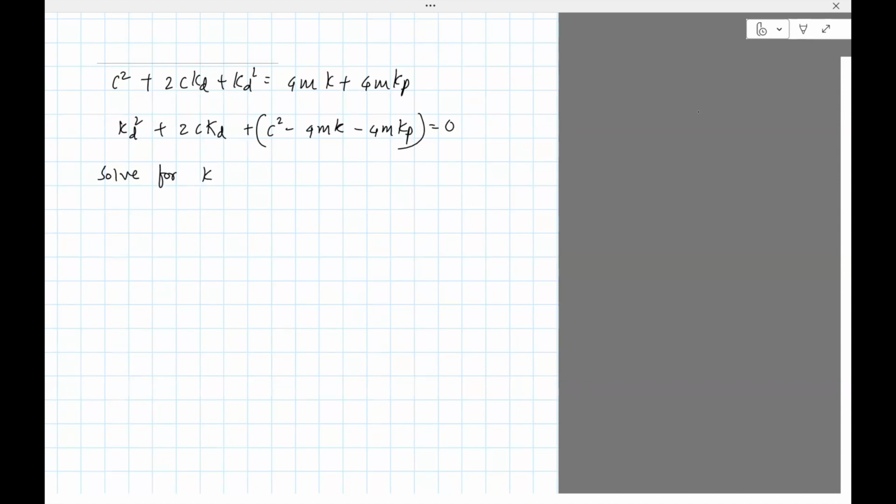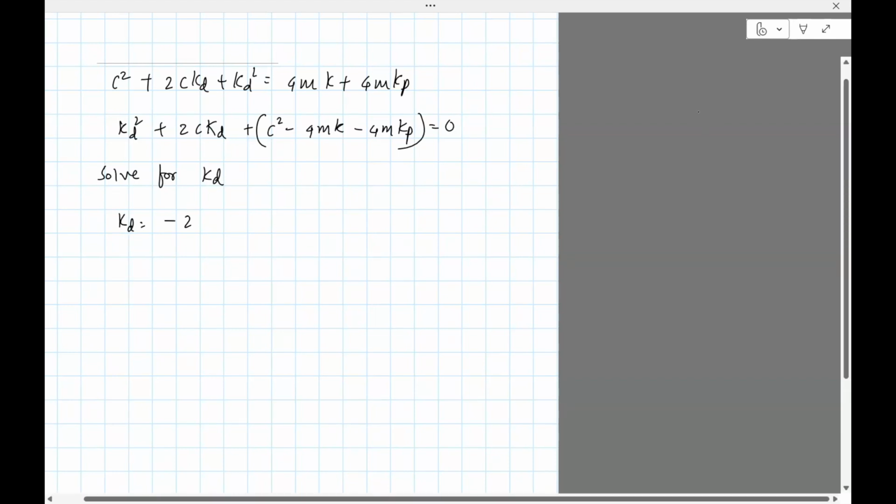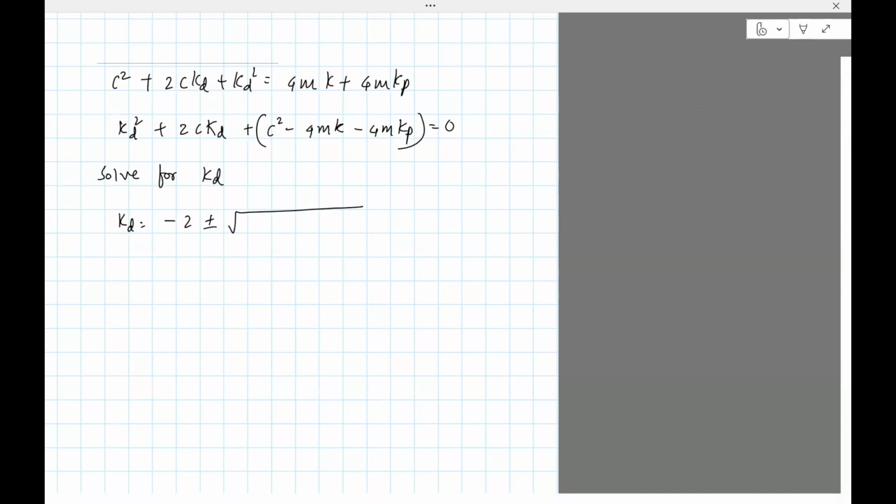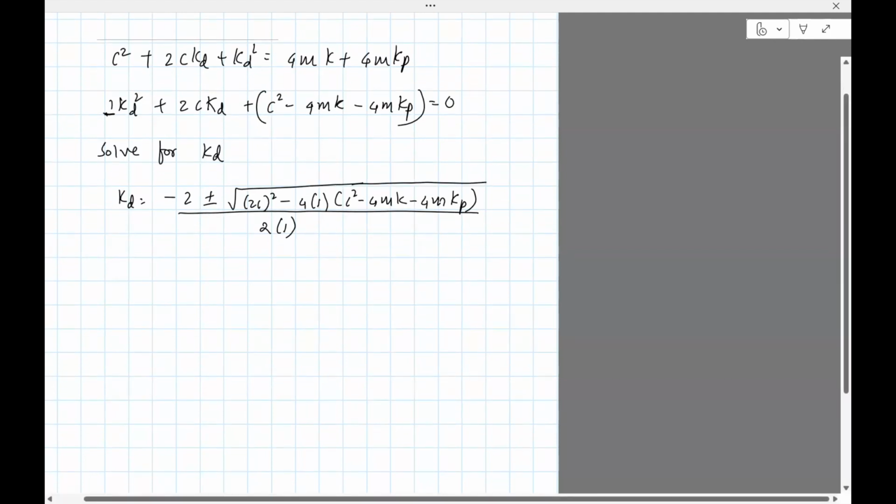the well-known formula for solving quadratic equations. kd equals minus b plus or minus square root of b square minus 4ac, the whole thing divided by 2a. So b is 2c, a is 1, and the constant term is c square minus 4mk minus 4m kp. Anyway, what you'll see is that you'll get two values.